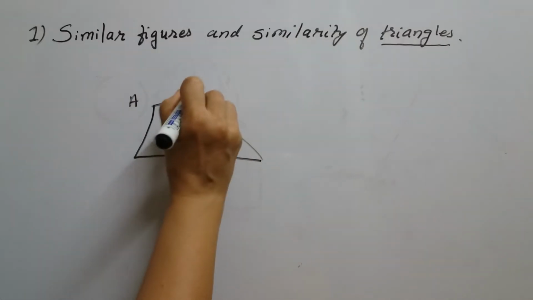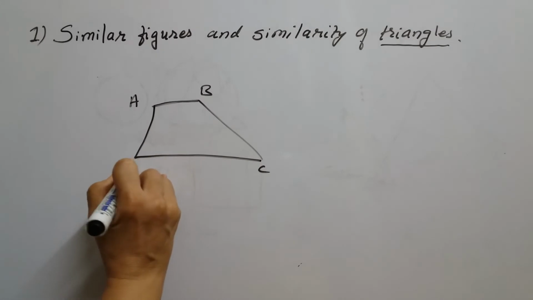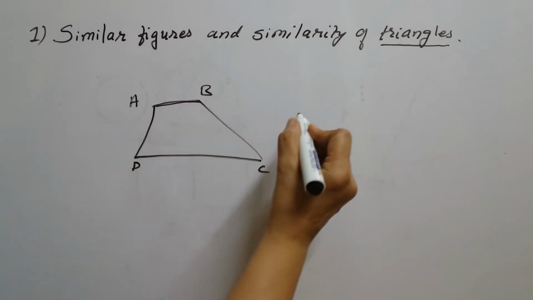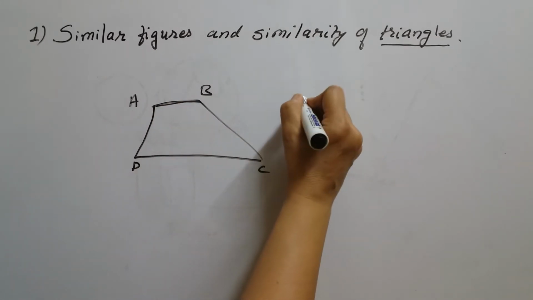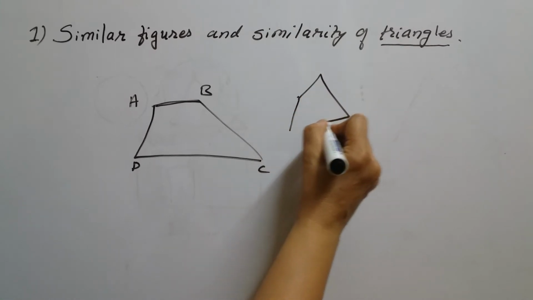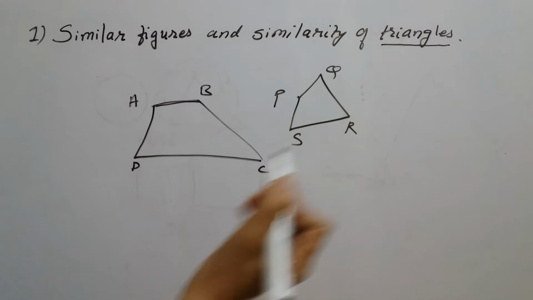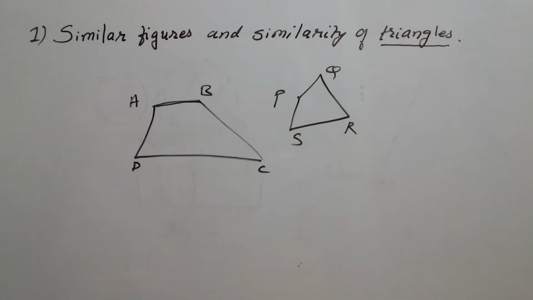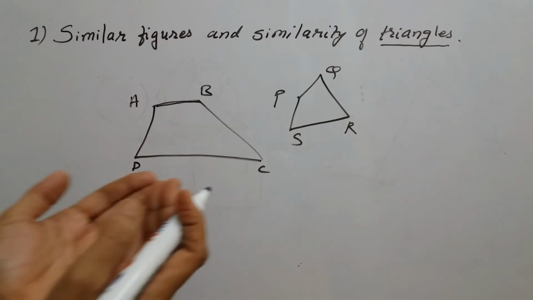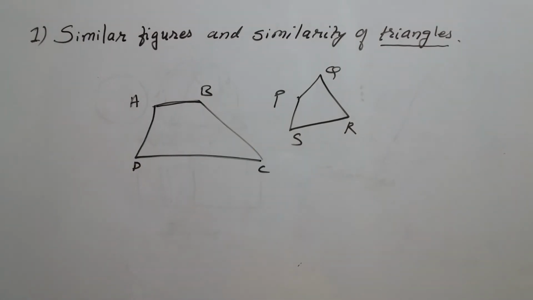Suppose a quadrilateral ABCD, this is a trapezium, and I draw another four-sided figure PQRS. Can I say these two are similar figures? No, these are not similar figures because you can see the difference in the shape. So the very first observation about similar figures is about their shape.